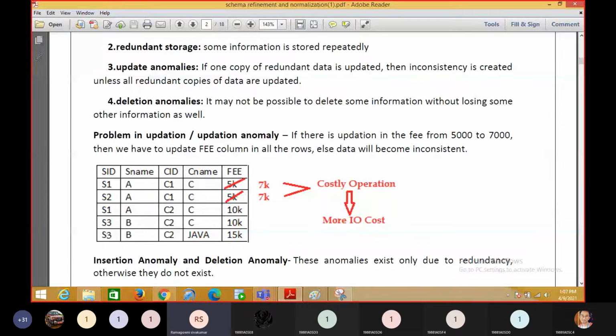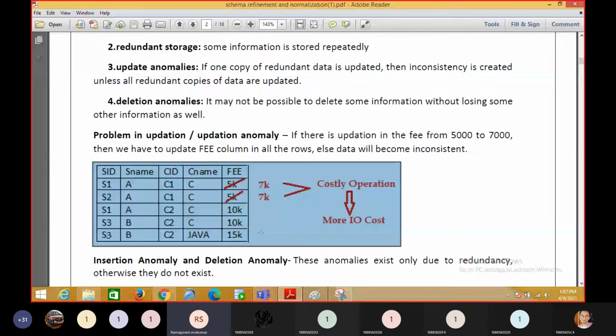If you are unable to do that, the data will become inconsistent. Have you understood? So this is the problem. Wherever we have 5k, we should update it. If you are unable to update it, that is the problem here.